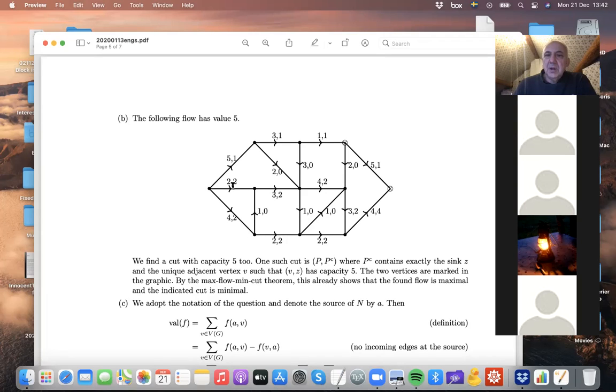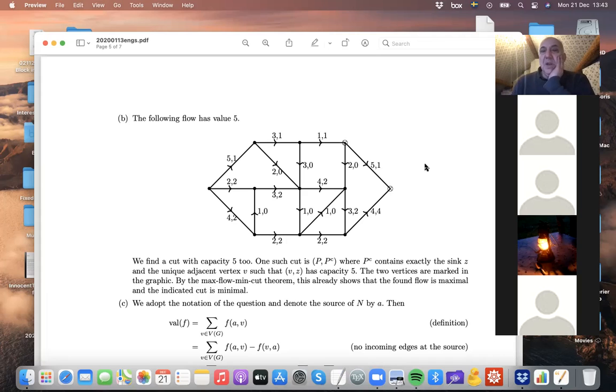Comes in 2, comes out 2. Nothing goes that way. So here 2 comes in, and 2 continues. Nothing goes that way, and so on. And for example, here at the sink, we have 1 coming in and 4 coming in, total 5. And here, total 5 comes out.